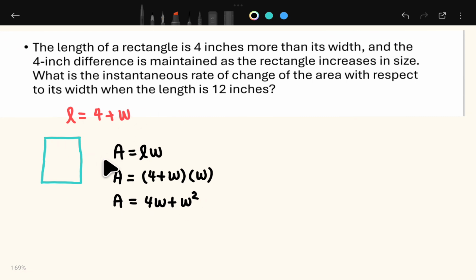We need to know dA/dW. So the rate of change of the area with respect to the width is equal to 4 plus 2W.